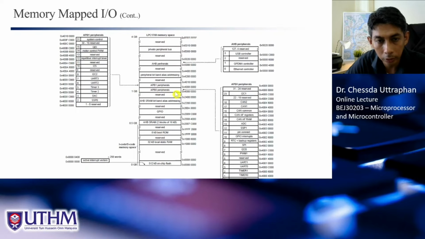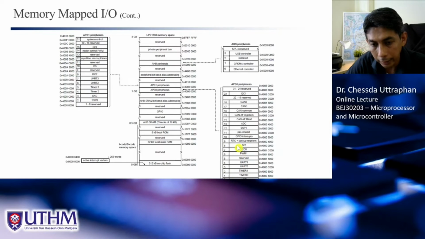0, number 0. So from this address to this address, actually it is huge. When we zoom into this part of the memory location, we have many peripherals, right? We have watchdog timer, timer, UART for communication, PWM number 1, I2C, SPI, and so on.